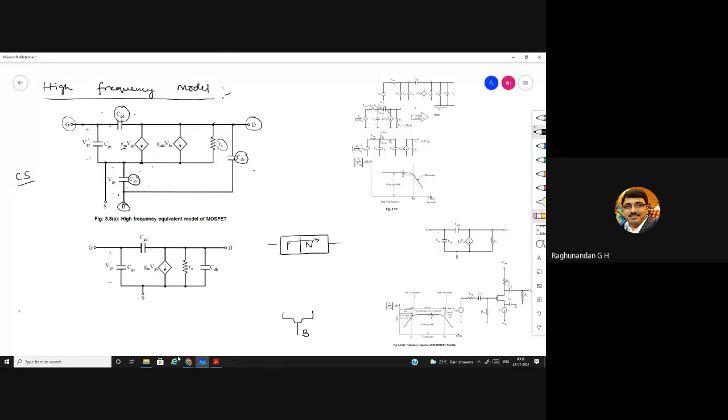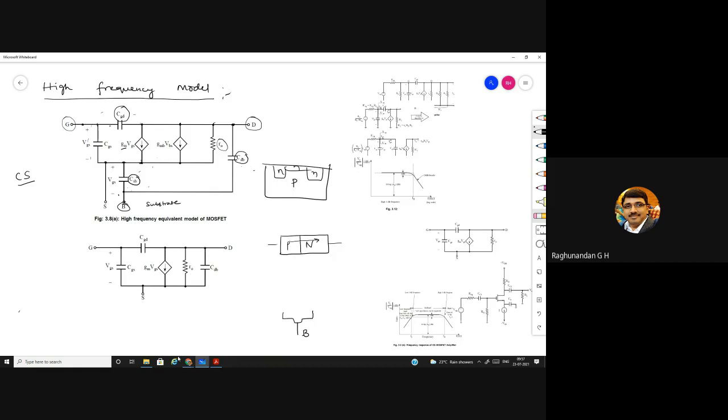Usually that substrate connection we ignore, or it is short circuited with the source. The body terminal of the MOSFET is nothing but the substrate. With respect to the substrate and the drain, there is one junction which is formed. As you know, this is the N well and this is the P well.